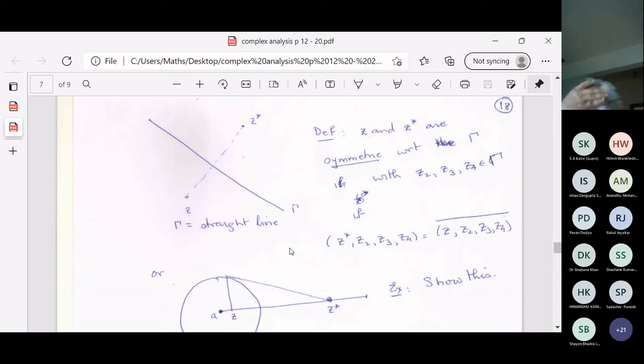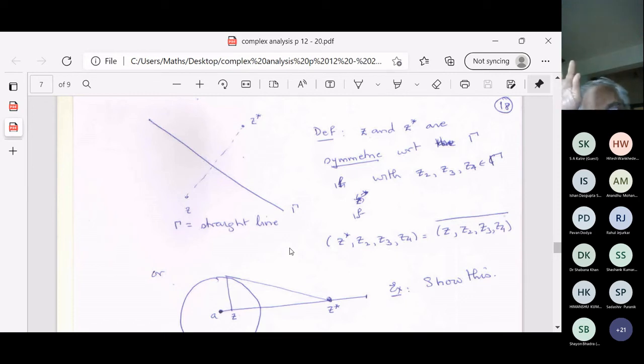And that comes from a geometric fact in some way: if gamma is a straight line, then Z and Z star are symmetric with respect to gamma if Z star is the reflection of Z in gamma. Gamma is a straight line, and we know what we mean by the reflection of a point in a line.